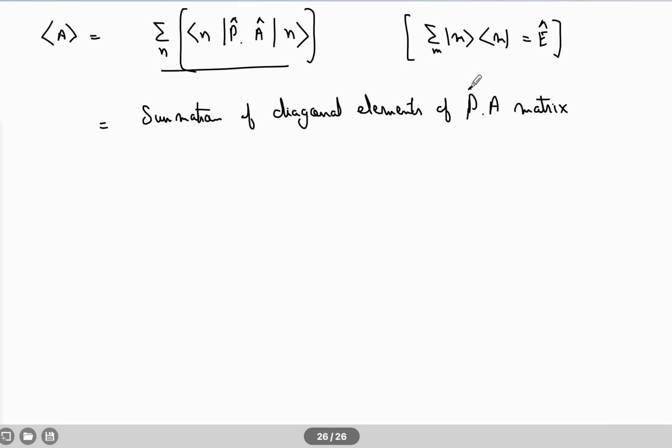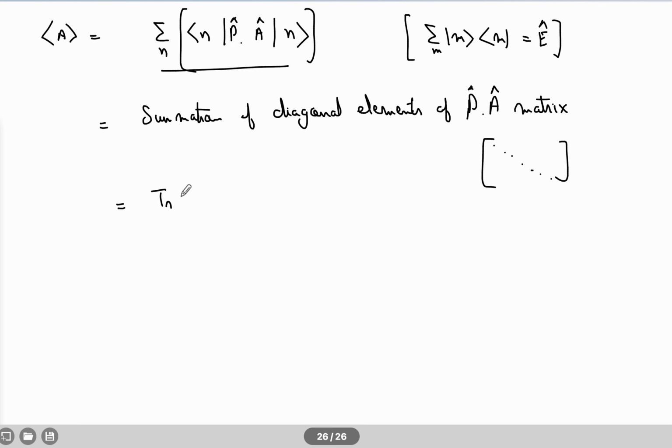Why is PA a matrix? Because P can be written as a matrix representation, it's an operator. A can also be written as a matrix representation, it's an operator. The product will be a matrix, and for that matrix you can take the diagonal elements and add them together, which will be this expectation value.